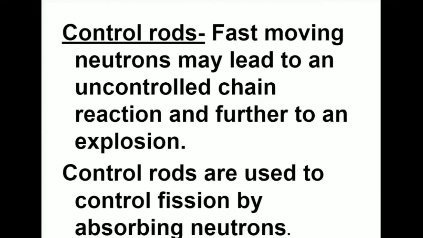Control rods are used to control fission by absorbing neutrons. If there are excess neutrons, they will be absorbed by the control rods and the chain reaction will be maintained at a sustainable rate.